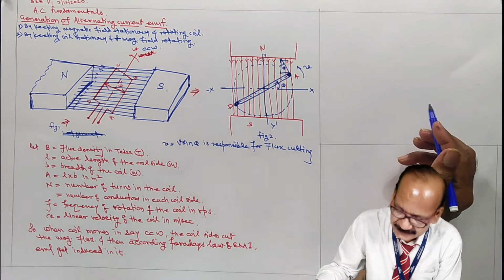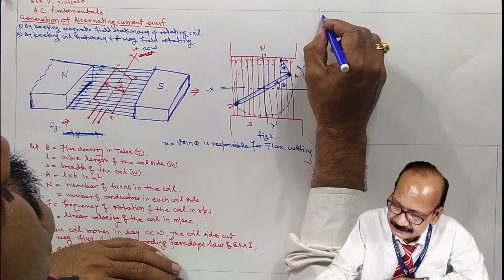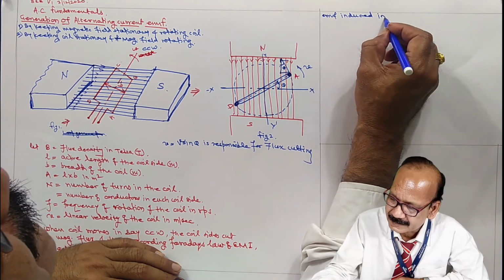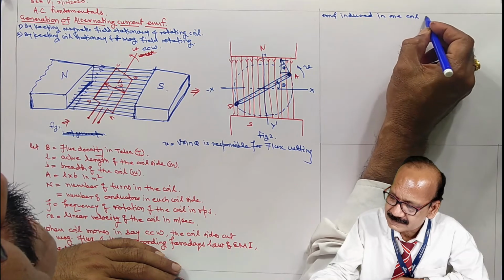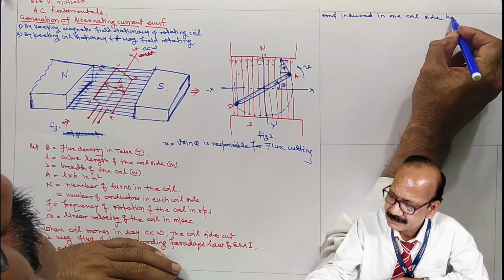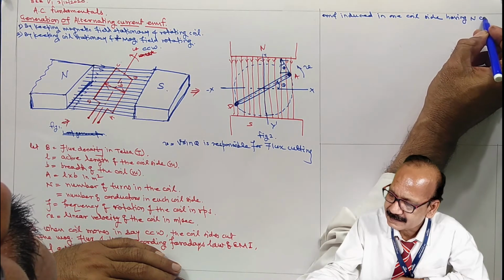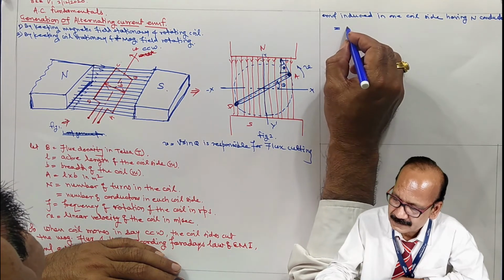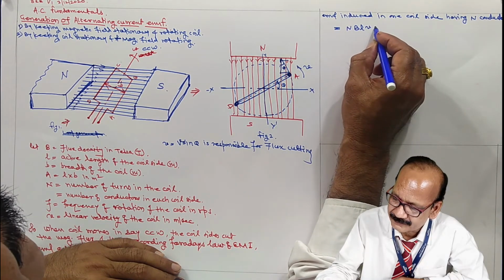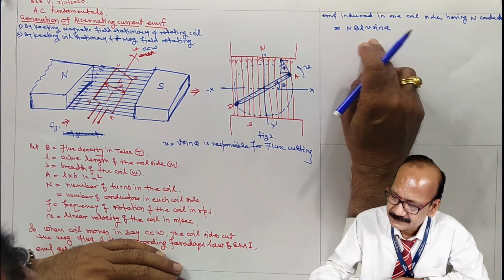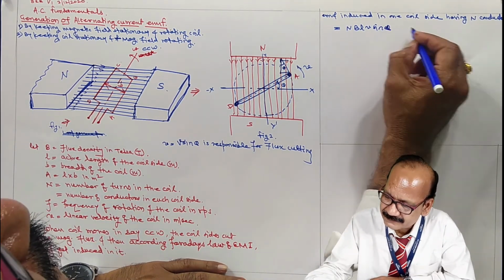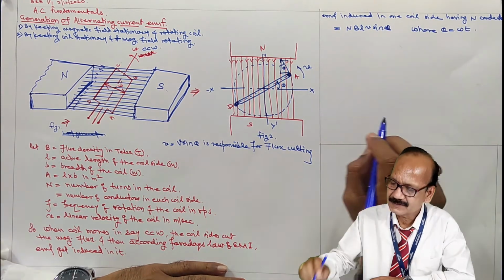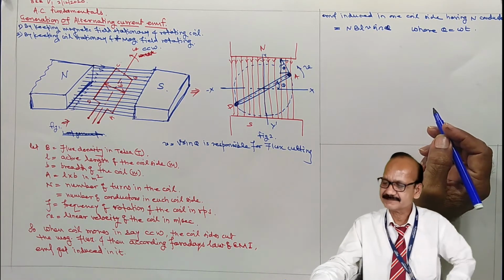Therefore, EMF induced in one coil side having N conductors equal to N B L v sin theta. Because this v sin theta is the component, where theta equal to omega t, where omega is the angular velocity.